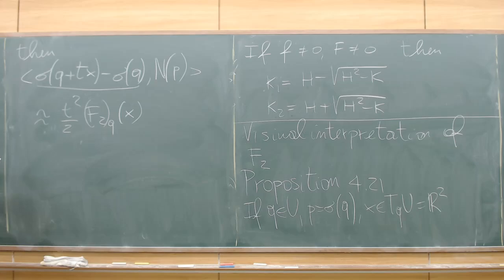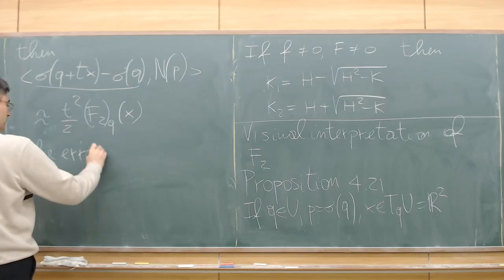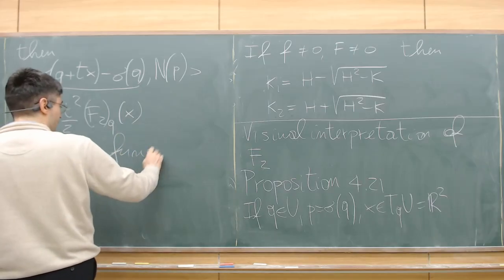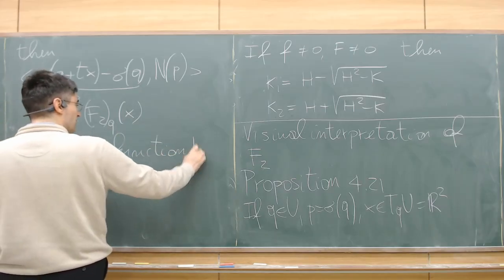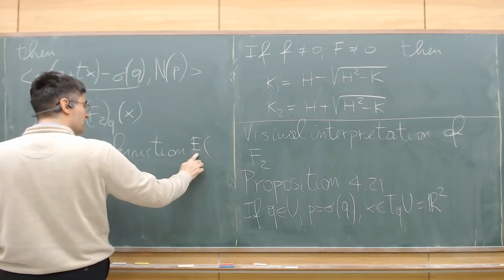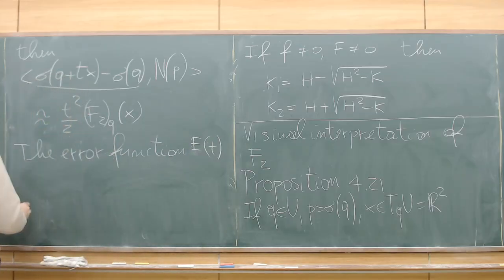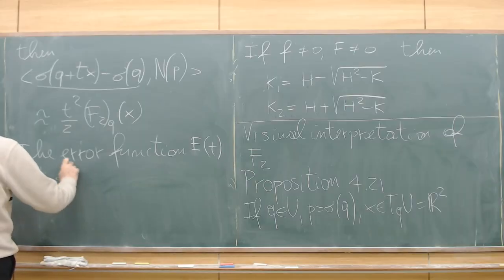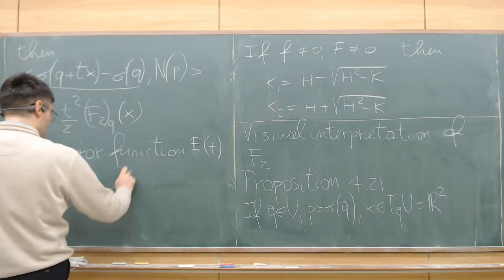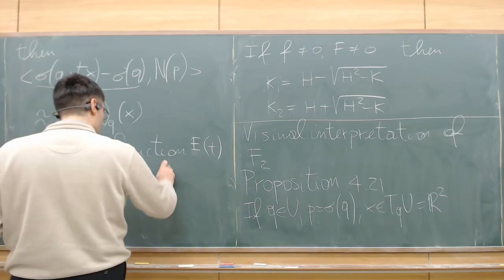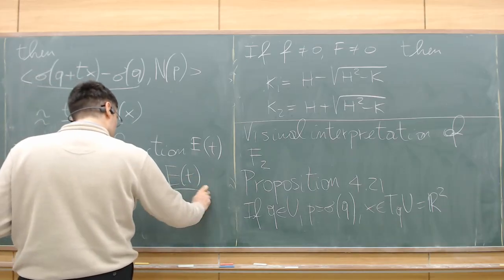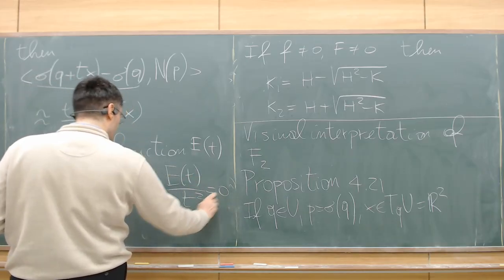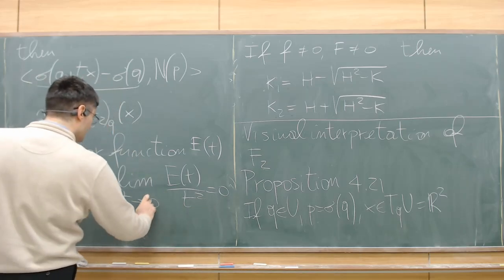In this formula, the error E(t) satisfies the following property: the limit of E(t) over t squared is 0 as t tends to 0.